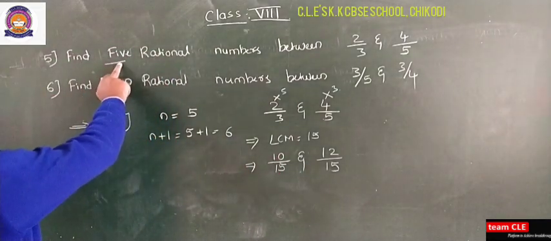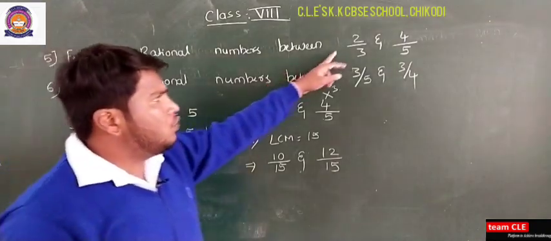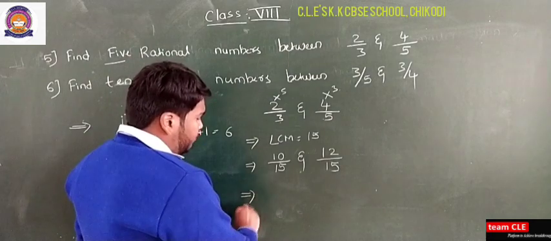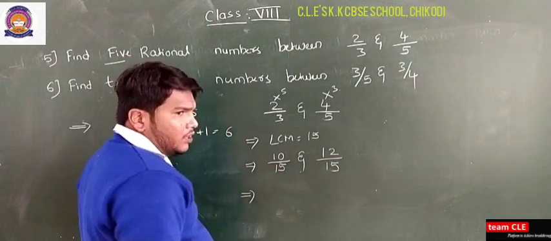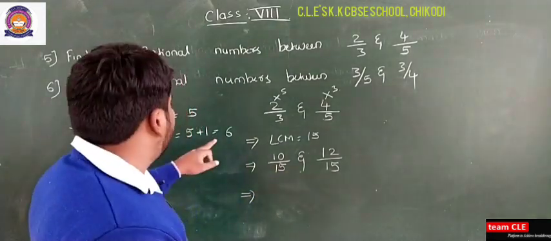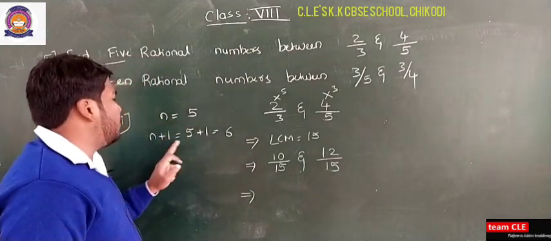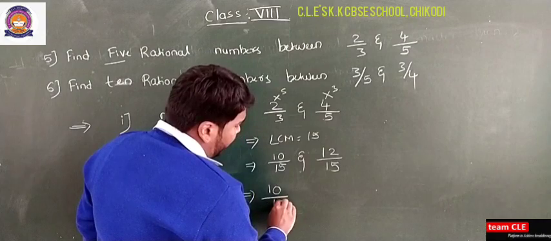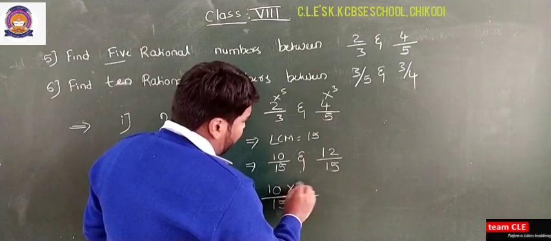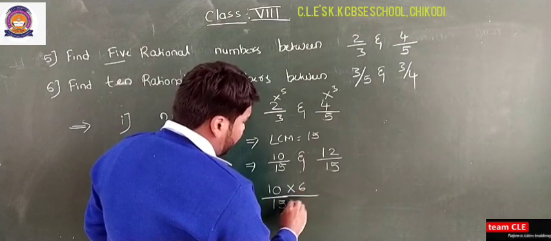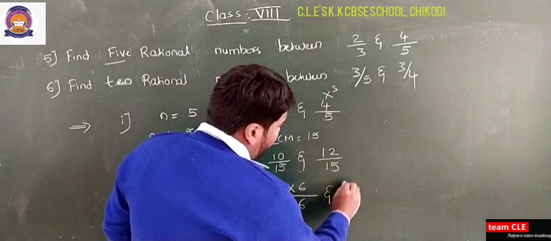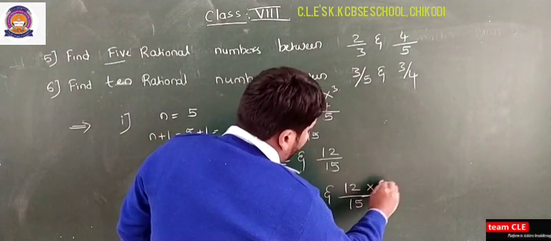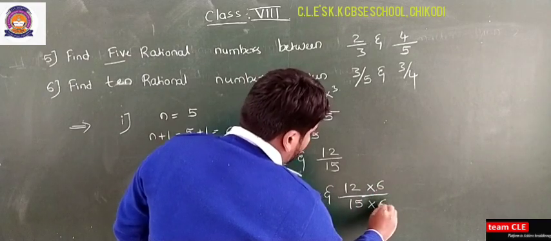The question says find 5 rational numbers between 2 by 3 and 4 by 5. So I multiply both the numerator and denominator by 6, as n is equal to 5 and n plus 1 is equal to 6. So that is 10 by 15 into 6 by 6, and 12 by 15 into 6 by 6.